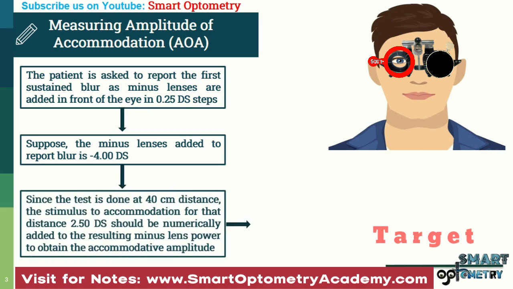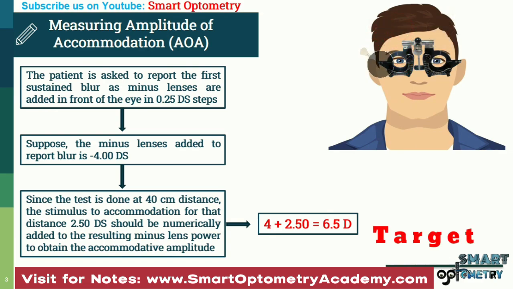Since the test is done at 40 cm distance, the stimulus to accommodation for that distance, that is 2.5 diopter spherical, should be numerically added to the resulting minus lens power to obtain the accommodative amplitude. So the final amplitude of accommodation will be 4 plus 2.5, or 6.5 diopter. Now occlude the right eye and repeat the procedure for the left eye.